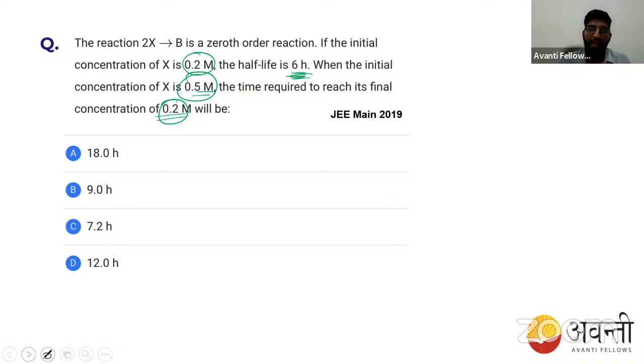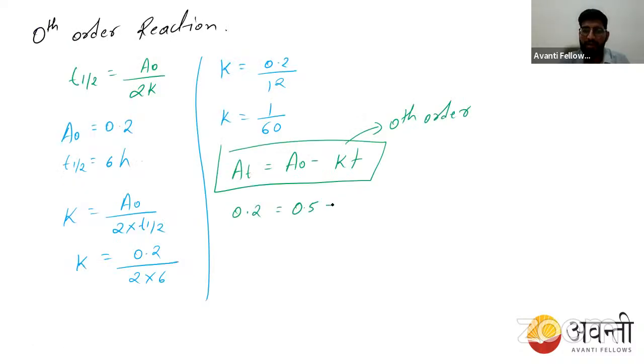So I can calculate 0.5 minus K value 1 by 60 into T equals 0.2. So 1 by 60 into T is equal to 0.3. So T is equal to 0.3 into 60, which is 18.